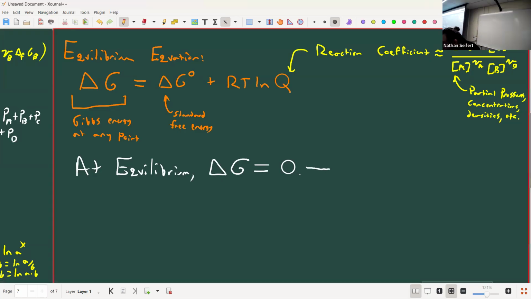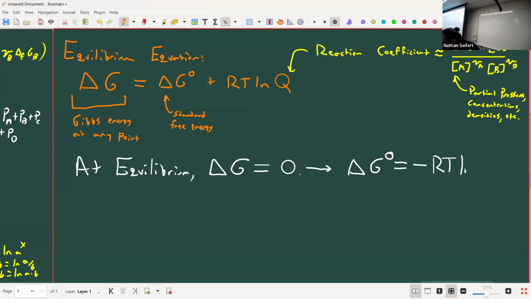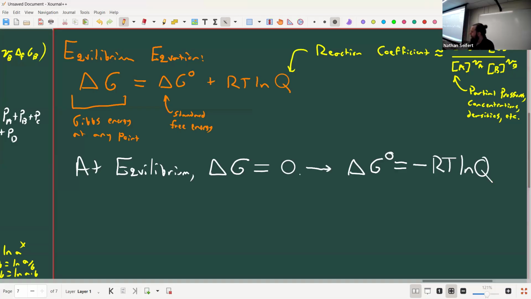And so when delta G is equal to 0, that says that delta G naught, the standard Gibbs energy, is equal to minus RT ln Q. Right? So at equilibrium, you can look at it either way. Delta G of the reaction at standard conditions tells you what the value of Q will be, or if you have the concentrations, you can measure delta G.